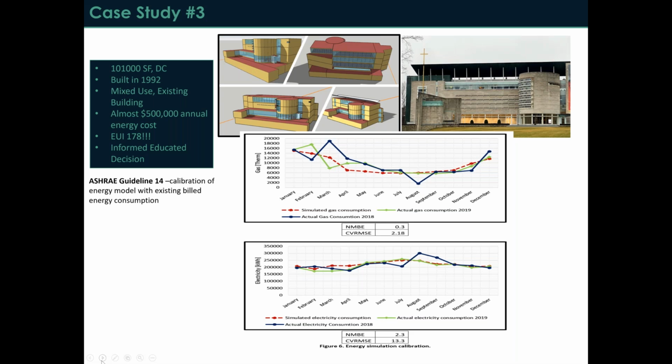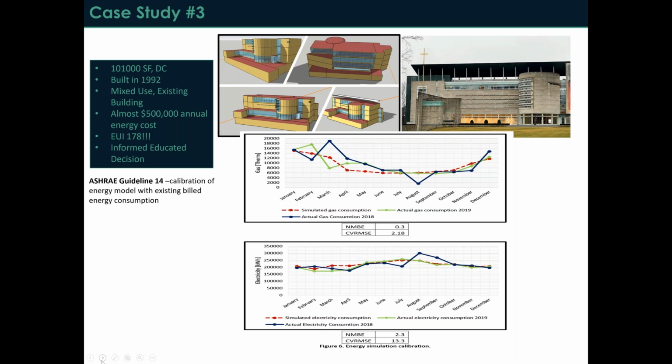The point is that the building had almost $500,000 in energy costs every year, and an EUI of 178, which, for that size and type of building, per Energy Star median properties in the same location, should be around 85 in a worst case scenario, but this building had 178.